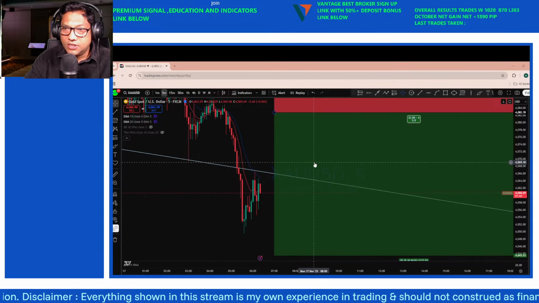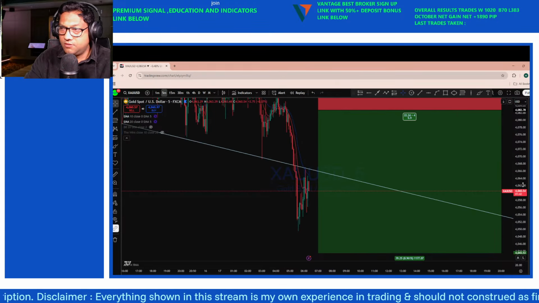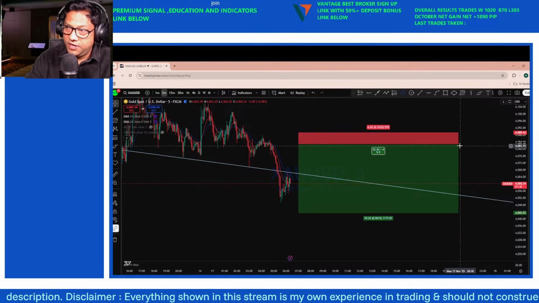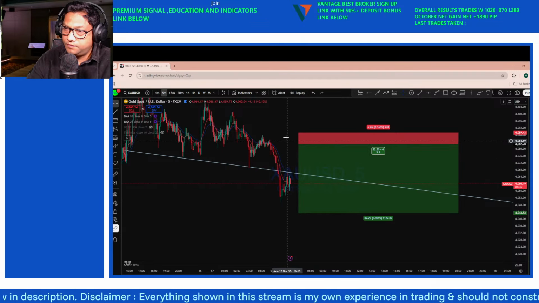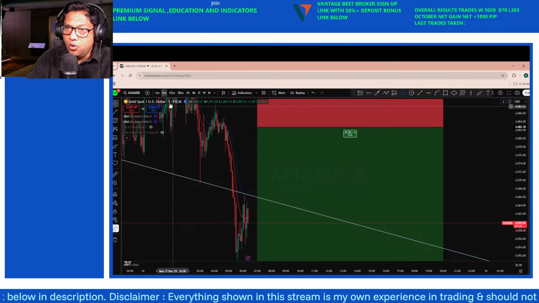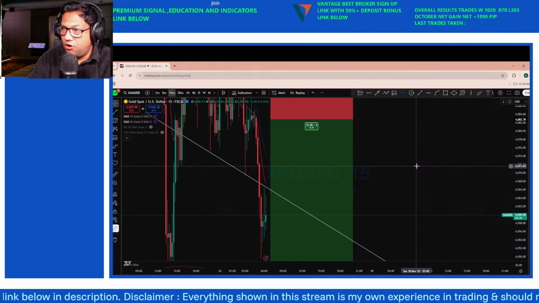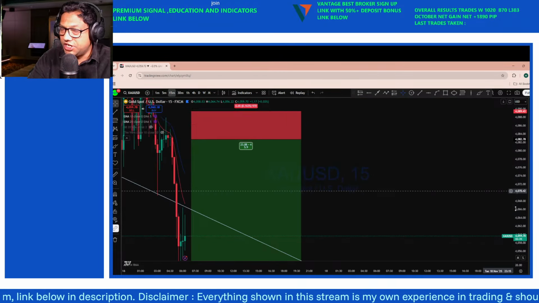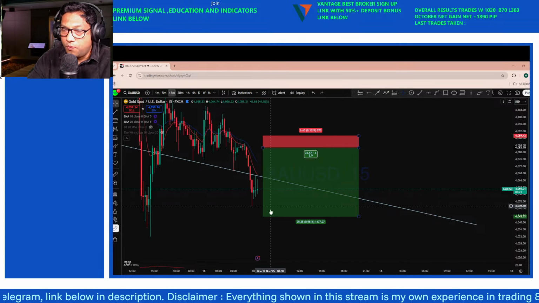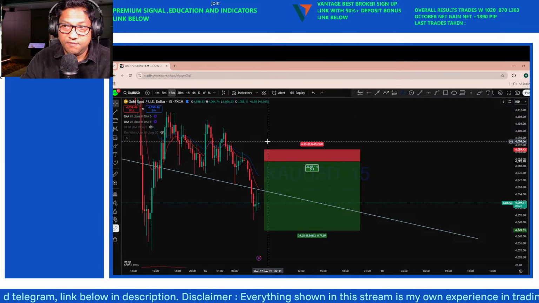Okay, so let's look at how the market structure has evolved here. This is the 15-minute price action that you can see gold had earlier. From this level there was a breakdown.